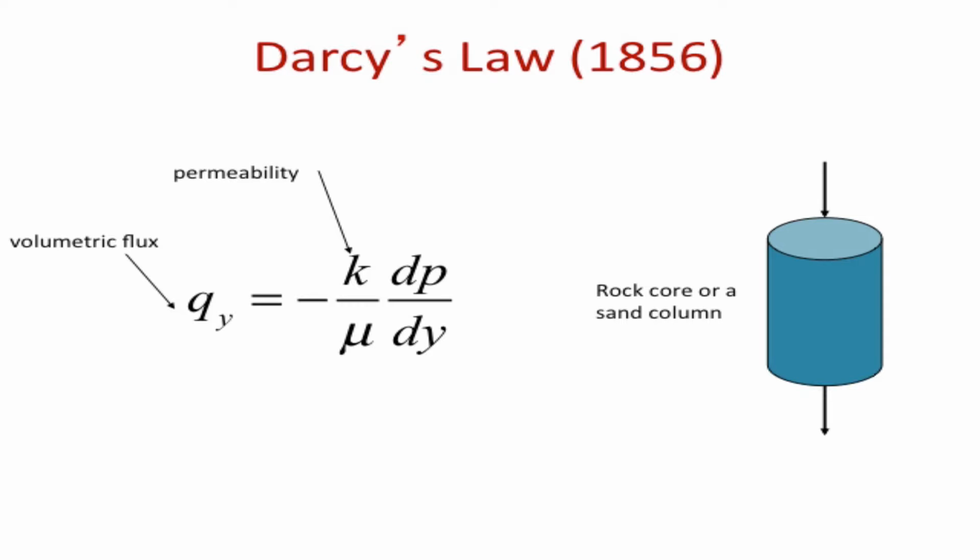I'm going to look at a difference in pressures, and the gradient in pressure is the driving force. The coefficient is composed of two things. One is the geometrical characteristic of my pore space pathways, and we refer to it as permeability.